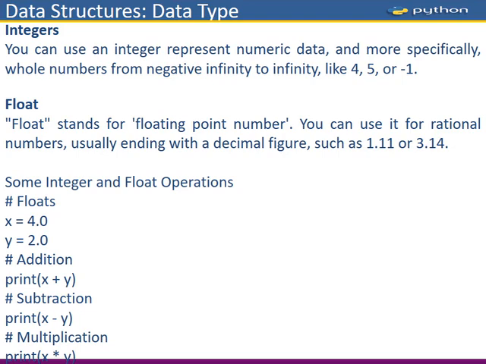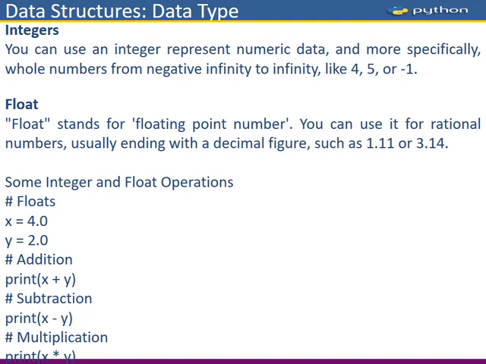Float stands for floating point number, and it can be a rational number, usually ending with a decimal figure, such as 1.11 or 3.14. They always end with a decimal figure, a decimal number.